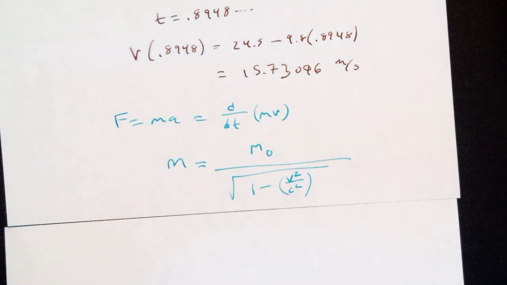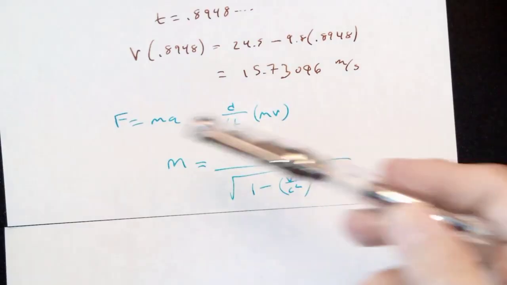As I push more and more energy into the system trying to accelerate, some of that energy is converted to mass rather than acceleration. You get heavier. Einstein's weird, man.